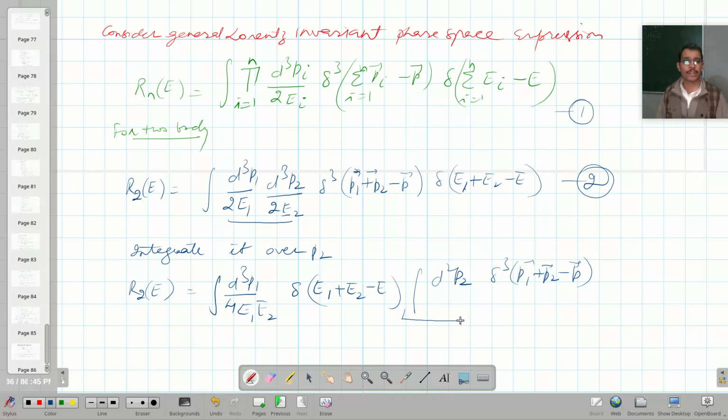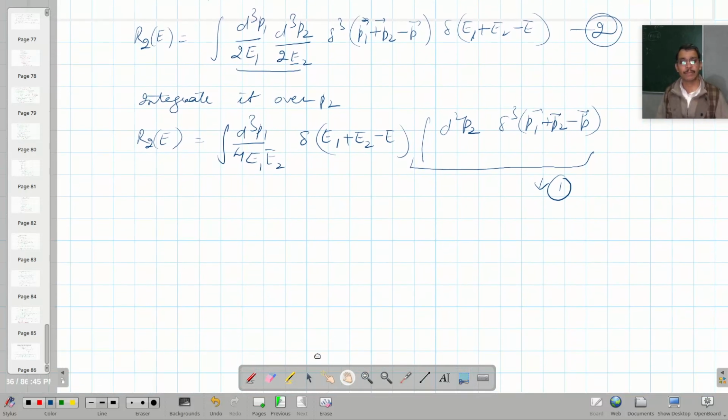If I recall earlier results, this integral is always equal to 1, by the definition of the delta function which I am considering. So R2(E) can be written as the integral of d³p1 over 4E1E2, delta of E1 plus E2 minus E.